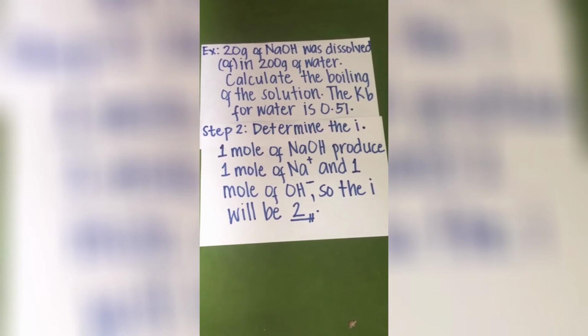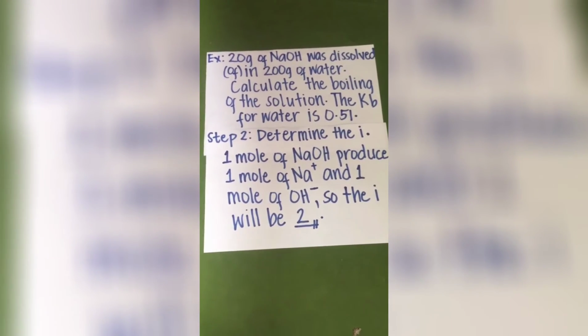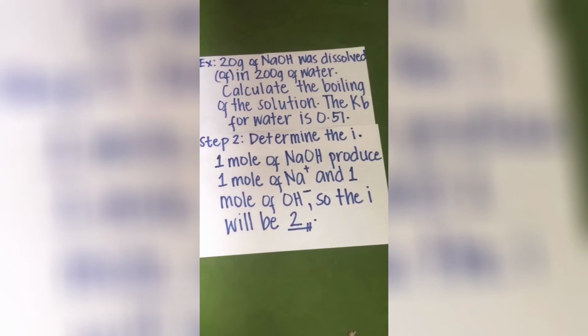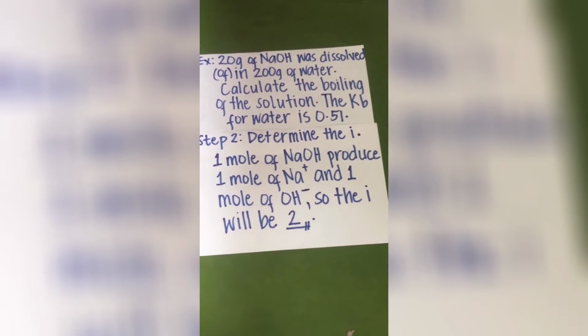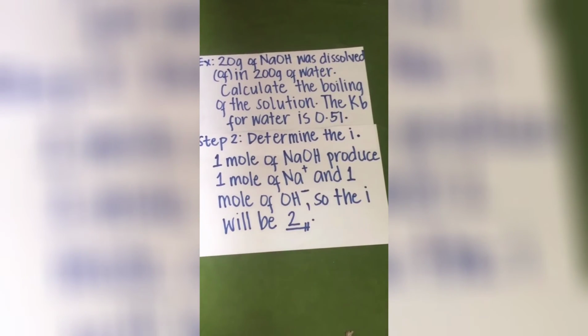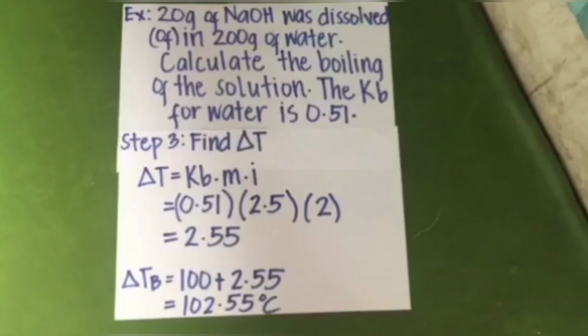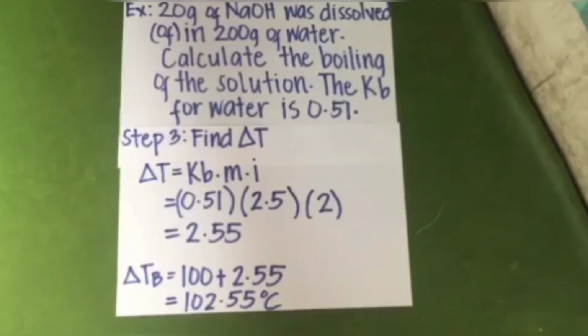The next step is to determine the Van't Hoff factor of the solution. 1 mole of sodium hydroxide produces 1 mole of Na plus and 1 mole of OH minus, so the Van't Hoff factor of the solution will be 2. The last step is to find delta T. Delta T equals Kb times m times i.